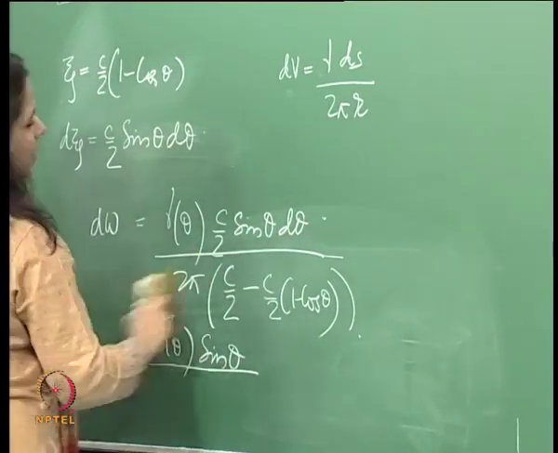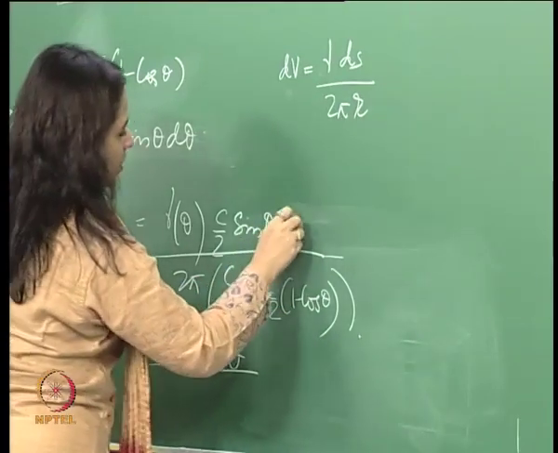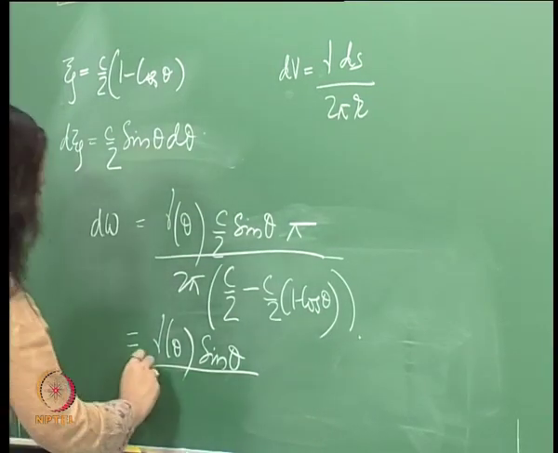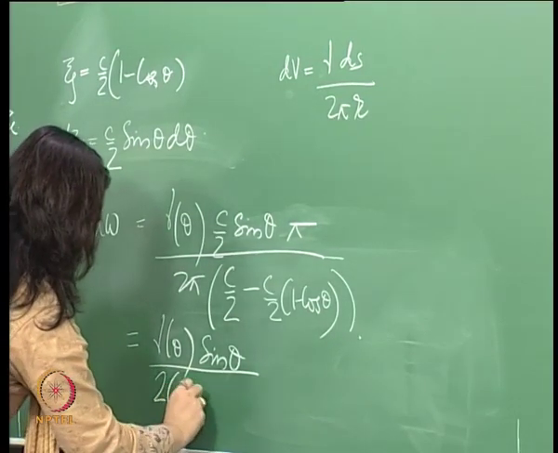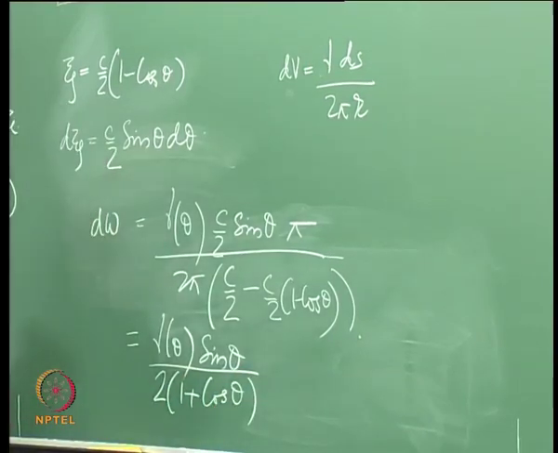Now, we are going for the entire plate. So, you do that and then you get this into 1 plus cos theta, right, is that right? Yeah. So, this is the left hand side of it.